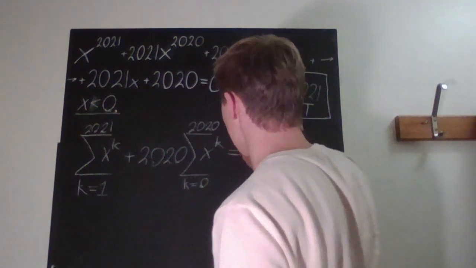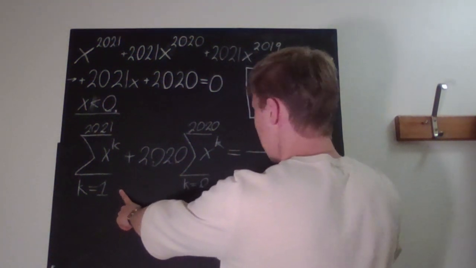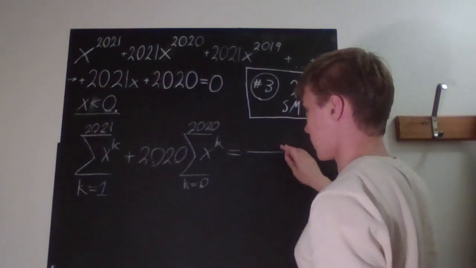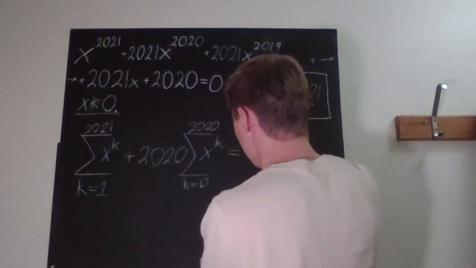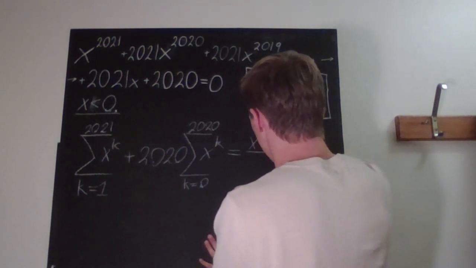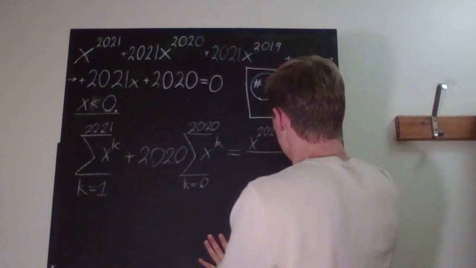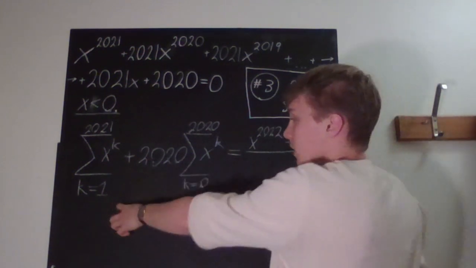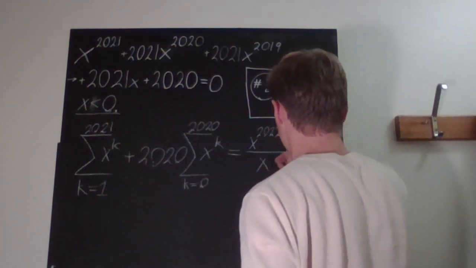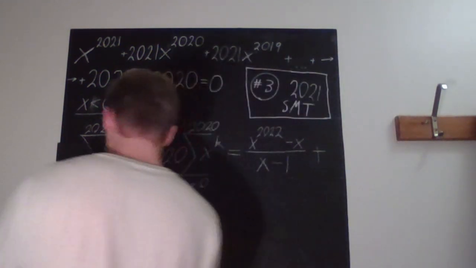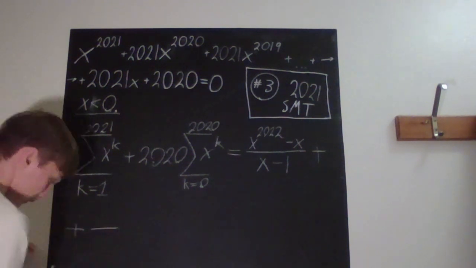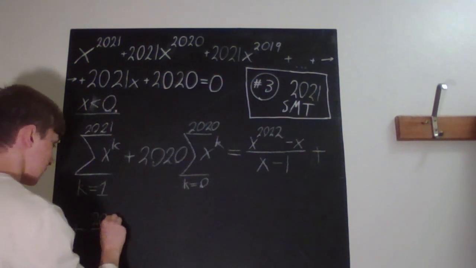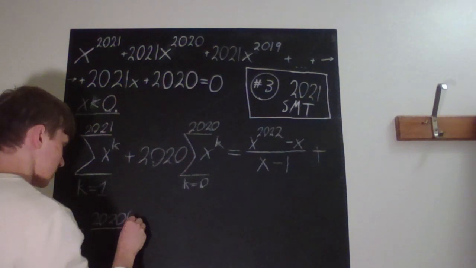So this should be equal to, the first one, since it starts at 1, it's not really the same thing, but maybe you can trust me on this, is equal to x to the power of 2022 minus x, because we don't get a minus 1, we get a minus x because it starts at 1, divided by x minus 1, plus 2020 times, and then it's just a normal geometric sum.